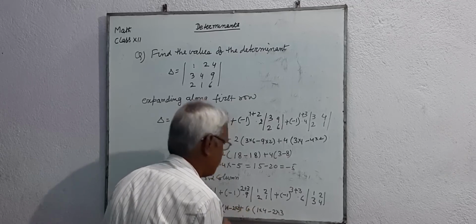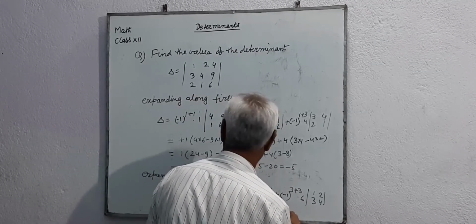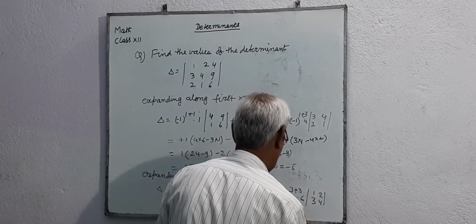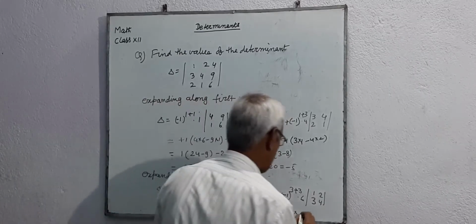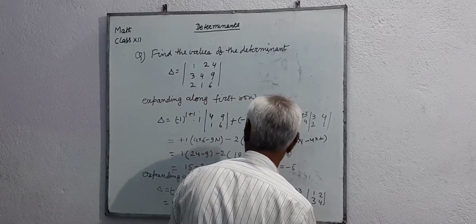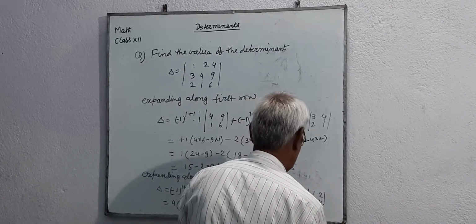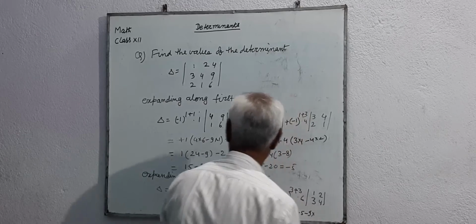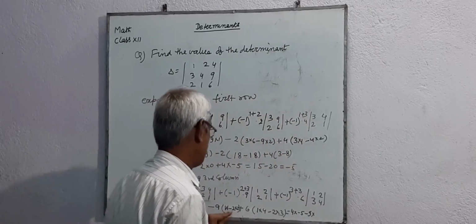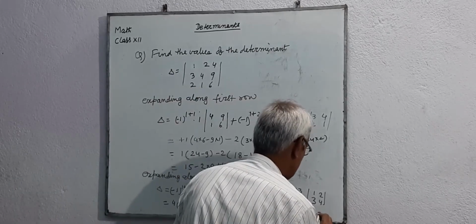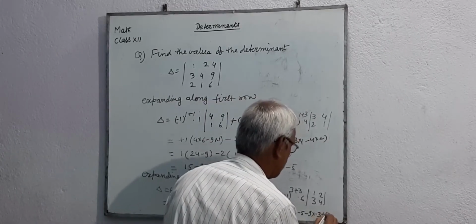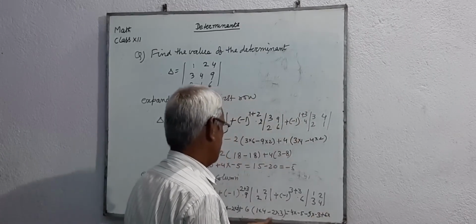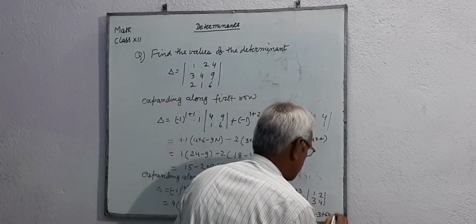We get 4 into minus 5, minus 9 into minus 3, plus 6 into minus 2.